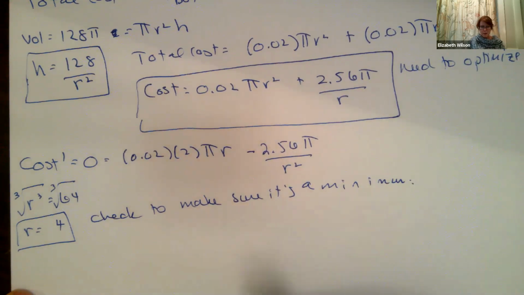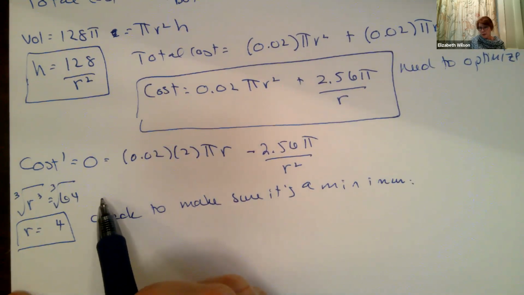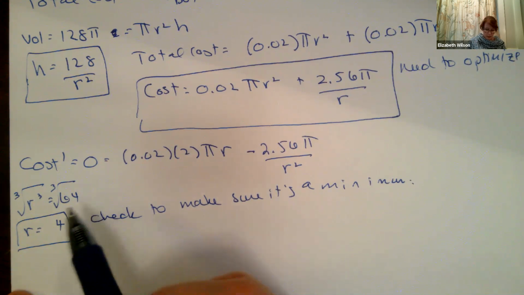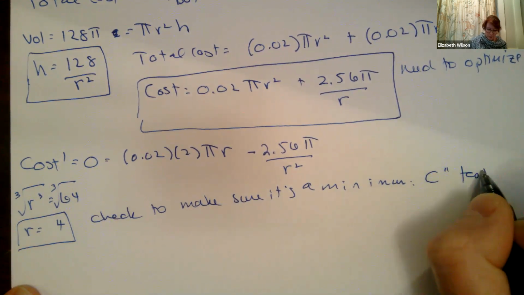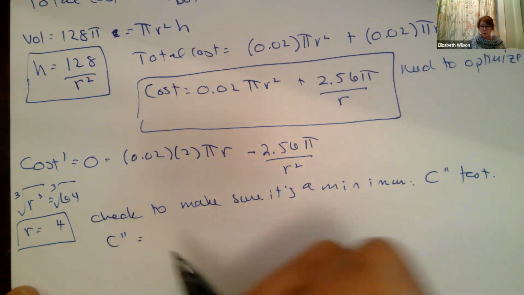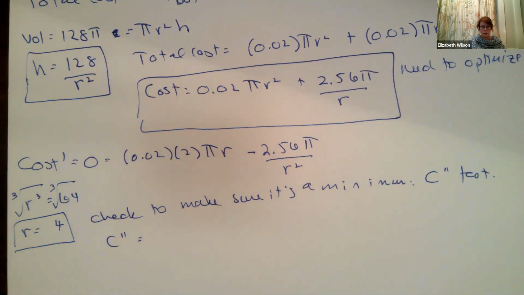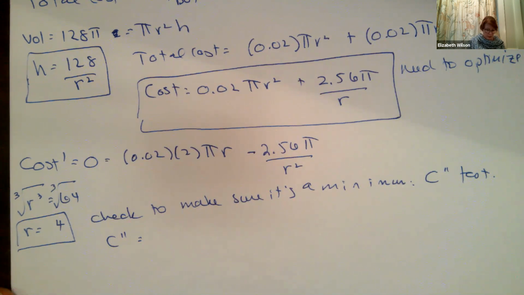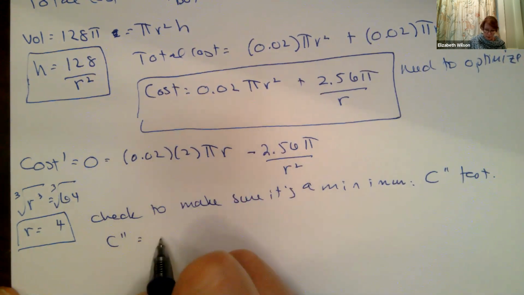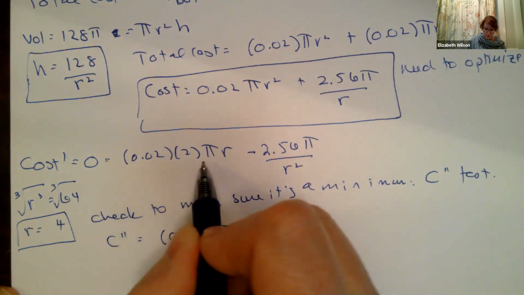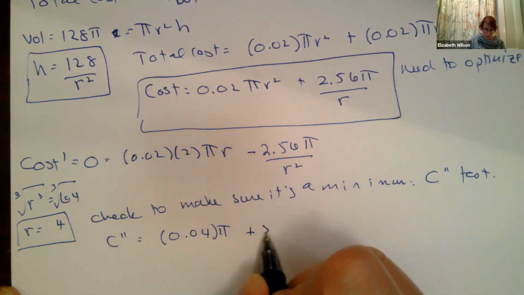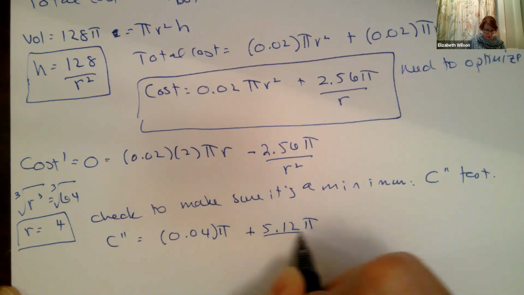Okay, which means you can either do the first derivative test or the second derivative test. I think I did the second derivative test. Right, so I took my second derivative, and it's up to you. It doesn't matter which one you choose, you know, just do it correctly. So I took my second derivative. So I'm going to go 0.04 times pi, right? Because I'm taking this derivative here, plus 5.12 pi all over r cubed.